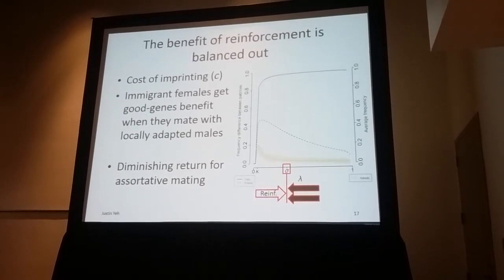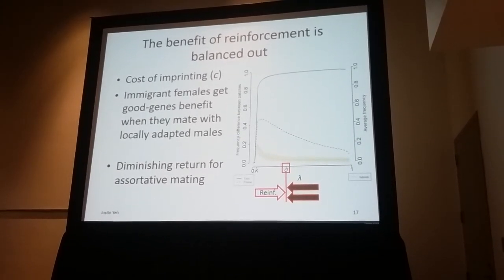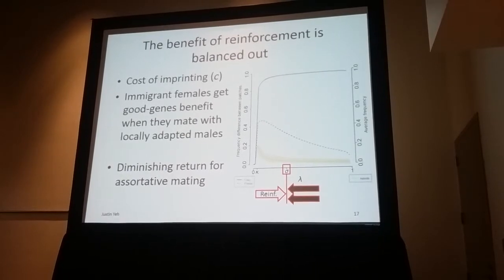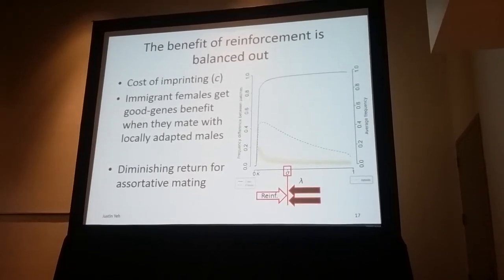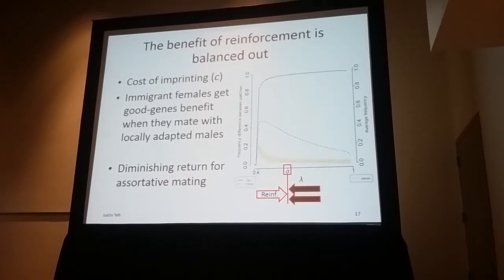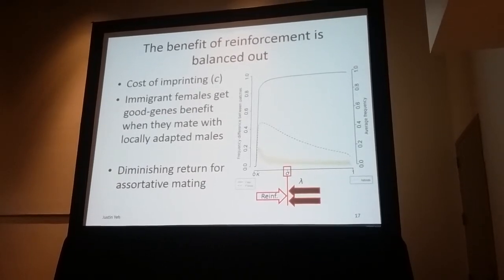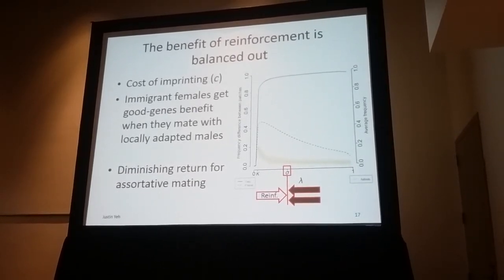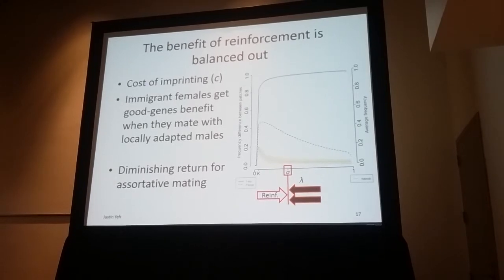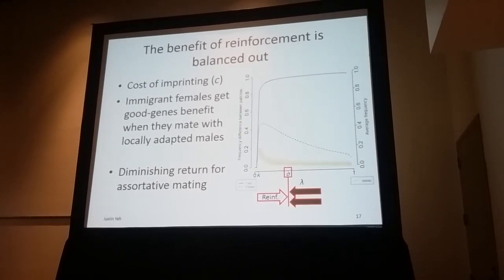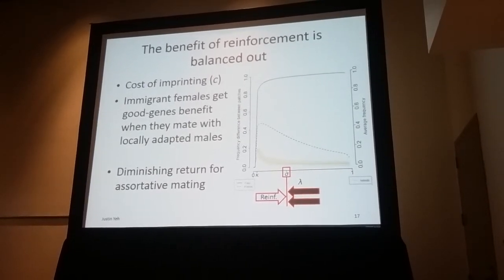As you can see, the hybrid frequency is going lower and lower towards the right, so that means the risk of hybridization is reducing as imprinting strength is getting higher. So the benefit you can potentially get by evolving imprinting is getting lower and lower, so that's why they can balance out somewhere in the middle instead of going all the way up or all the way down.